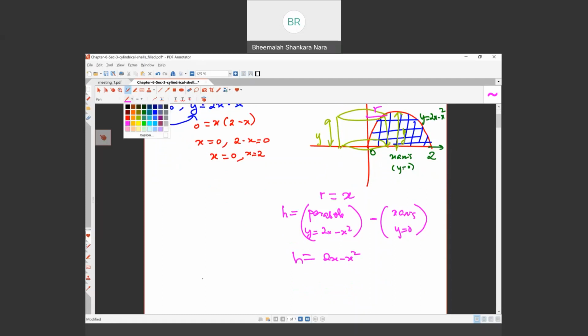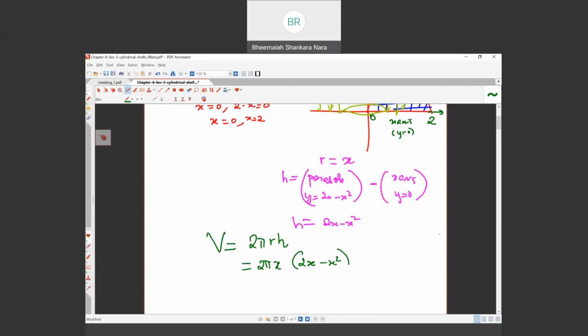into the volume formula. We get a cylinder when we rotate the region. So the formula is 2 pi rh, plug in for r, which is the radius. Here it is x. And the height is 2x minus x square, what we found just now.